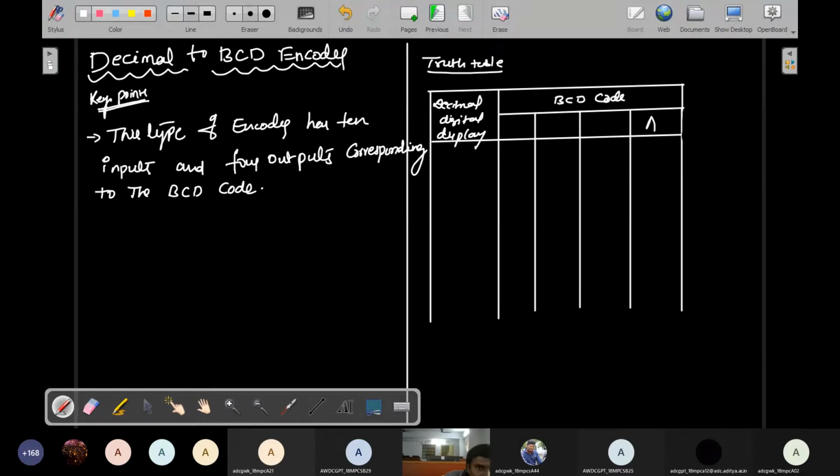Okay, your outputs are A0, A1, A2, A3. And your decimal numbers start from 0, 1, 2, 3, 4.